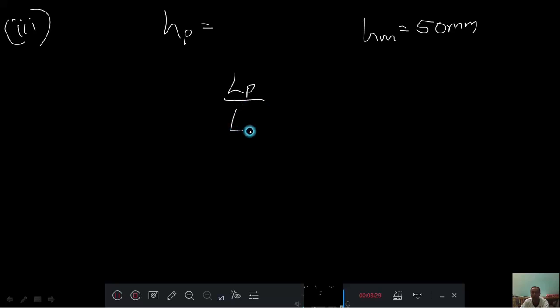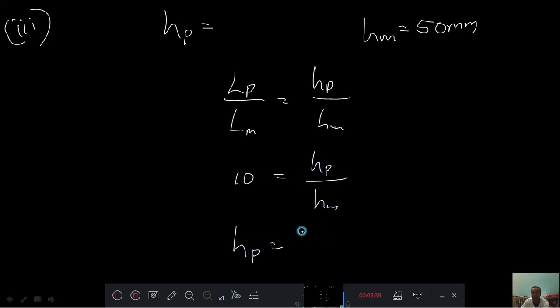Therefore, LP by LM is equal to HP divided by HM. This is 10. Therefore, HP is equal to 10 into HM. HM is 50 mm. Therefore, 50 into 10, 500 mm, or 0.5 meter. Over.